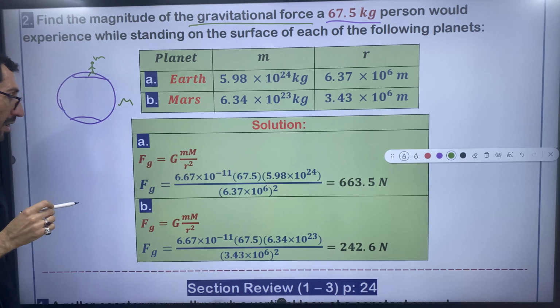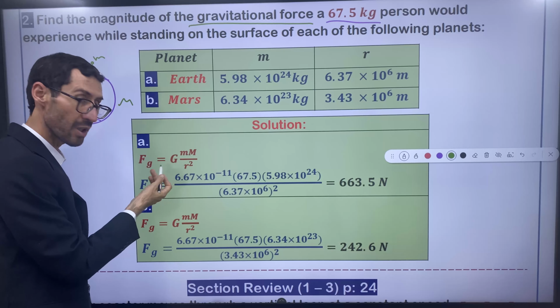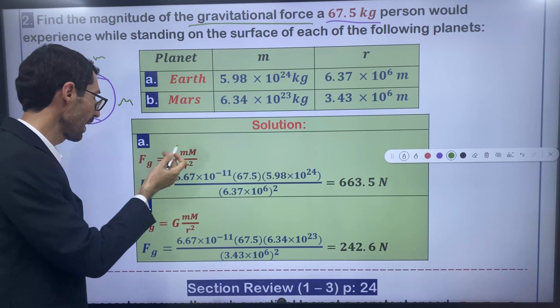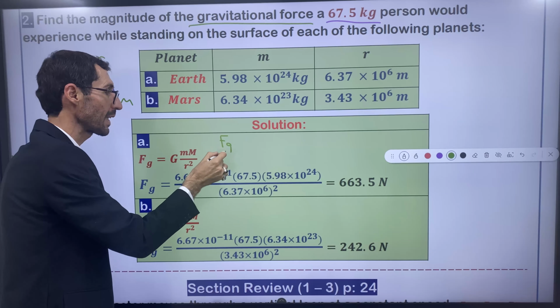Let's substitute the values. We don't have any conversion. It's very easy. G capital is a constant. You see here in this solution, I brought the G into the numerator directly. You can change the form of the rule like this.